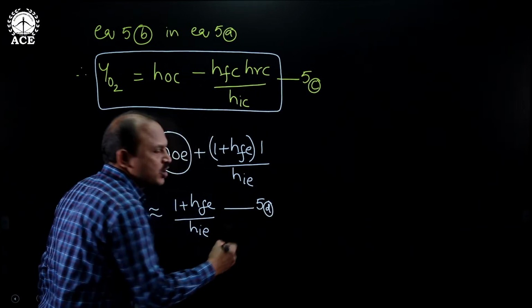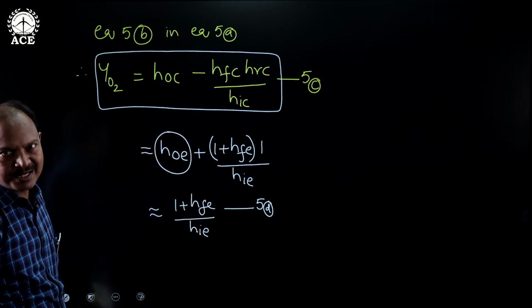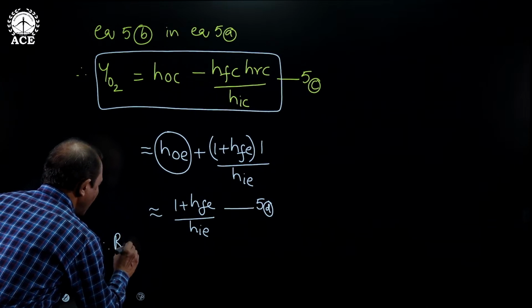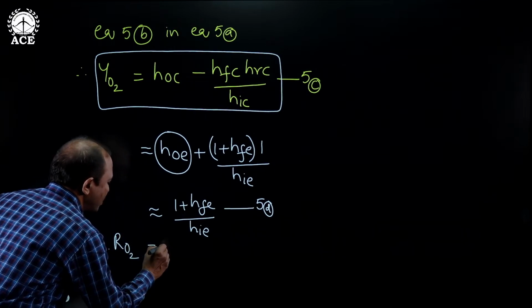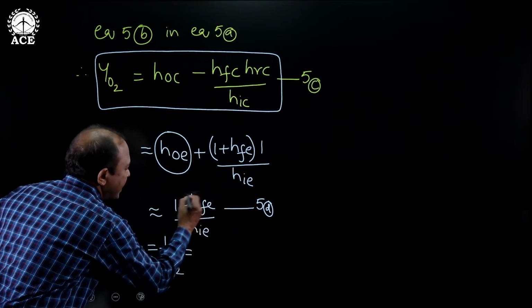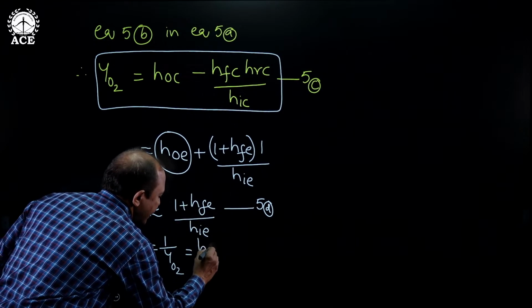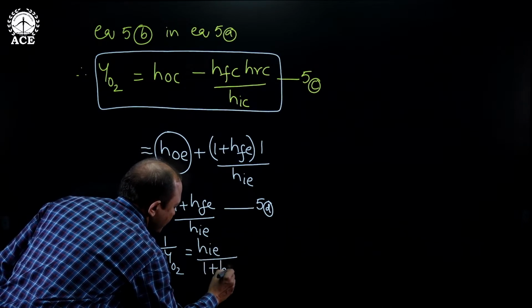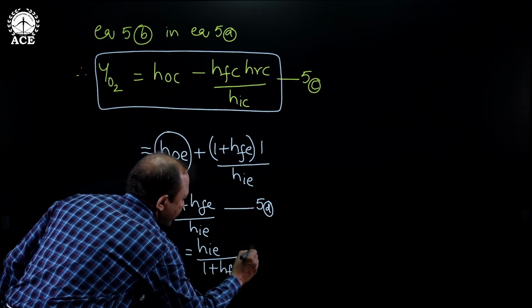But what is the parameter actually we are trying to estimate? Output resistance. That means let us write the equation for output resistance now. Output resistance of the second stage equal to 1 by Y02, means 1 by of this value, which gives us HIE by 1 plus HFE. Another important equation.